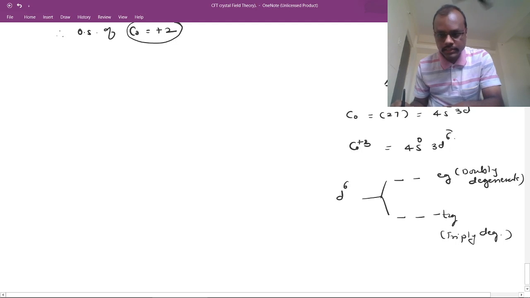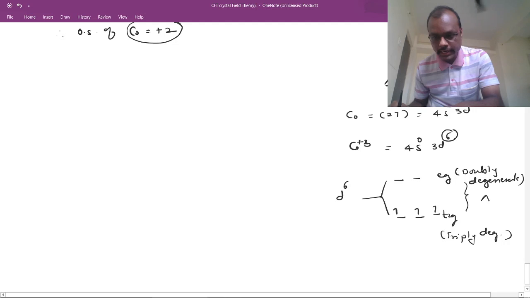We have to fill 6 electrons: 1, 2, 3. The fourth electron does not go into the eg orbital because delta 0 is very large. Instead of going to the higher energy level, it occupies the lower energy orbital: fourth, fifth and sixth.